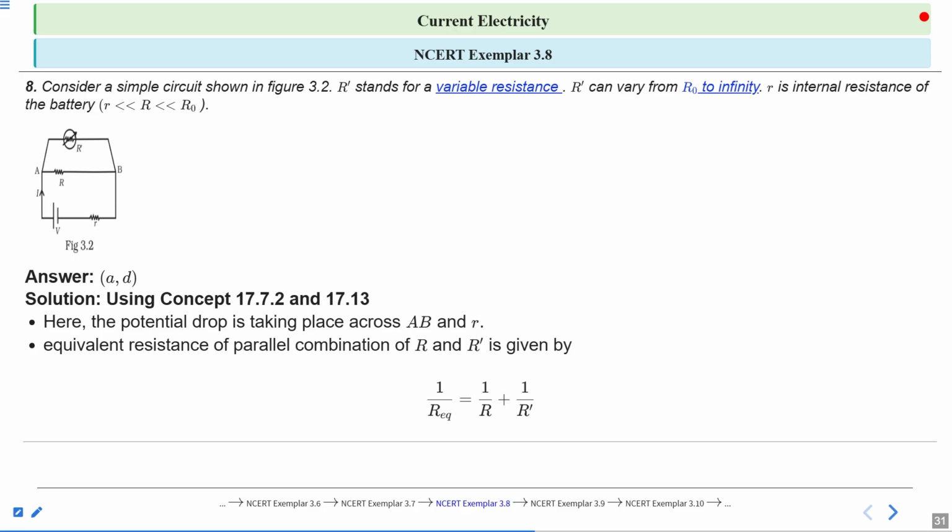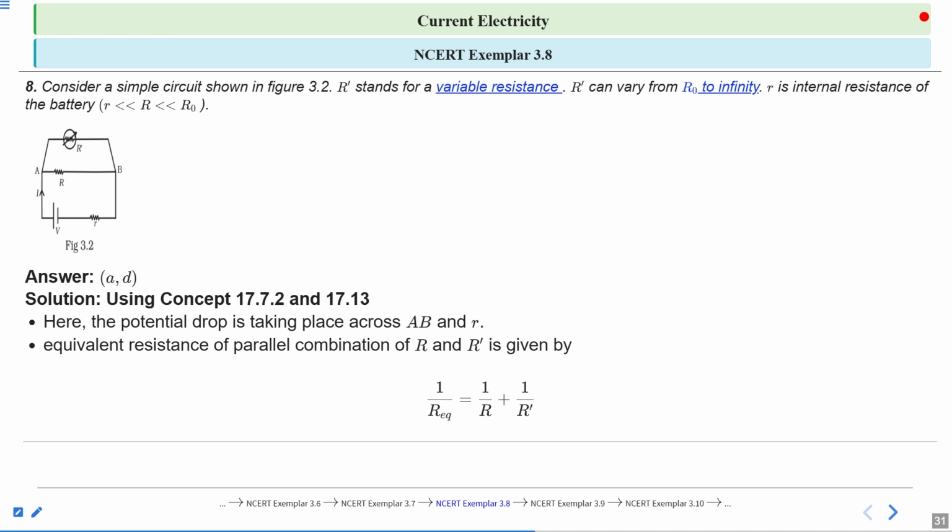This fixed R is much less than R naught, and this R dash varies from R naught to infinity, which means the fixed R is much less than the variable resistance R dash.